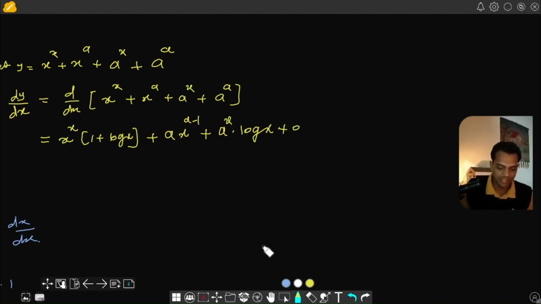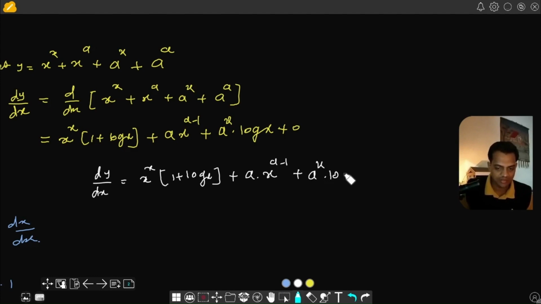So finally I will get the output: dy by dx is equal to x raised to x into 1 plus log of x, plus a into x raised to a minus 1, plus a raised to x into log of a. So this will be our final output.